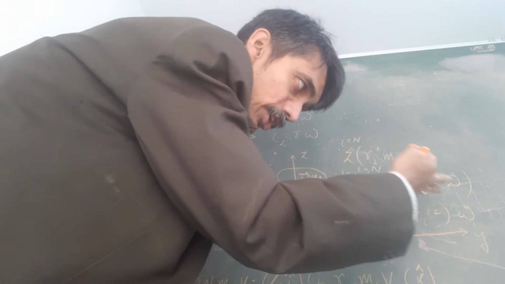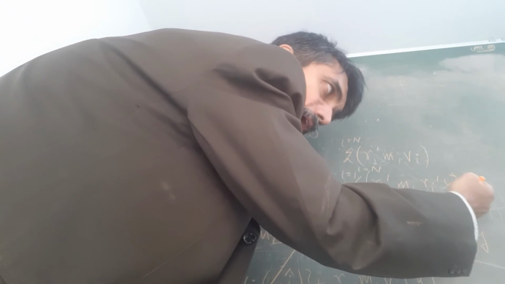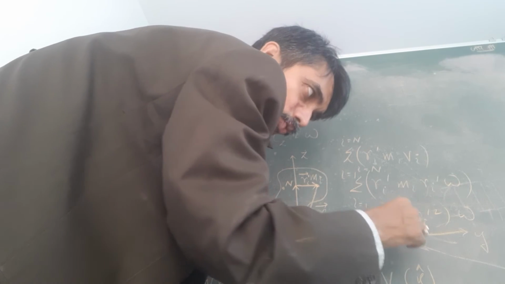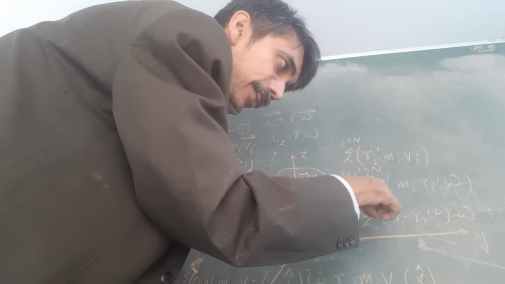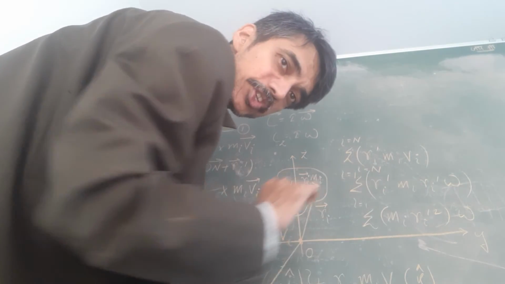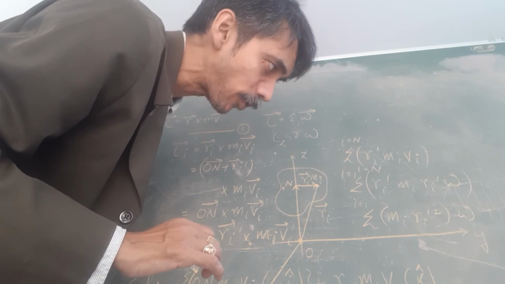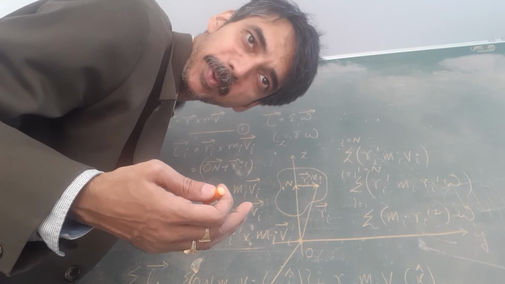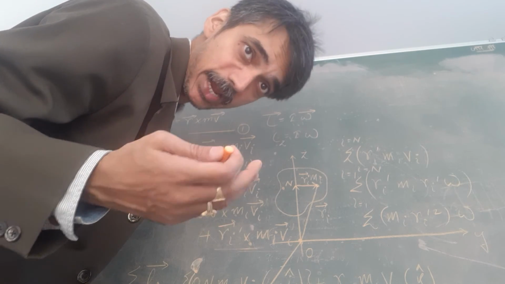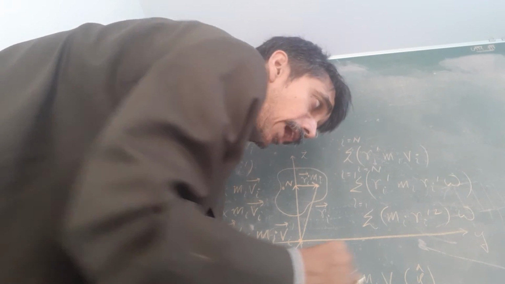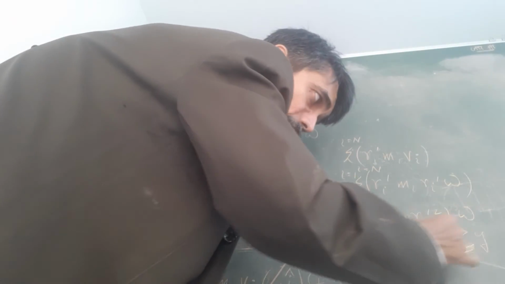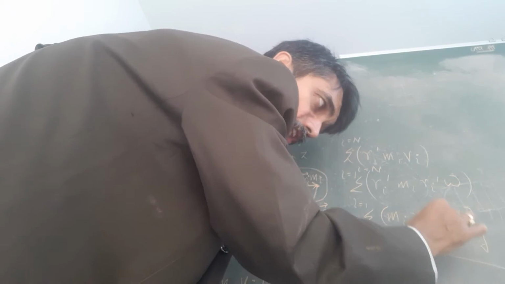Omega being constant, omega is common, summation falls on whatever has I in it. So I is to be seen with M, I is to be seen with R prime. Therefore, we are summing over the terms Mi and Ri prime from i equal to 1 to i equal to n.